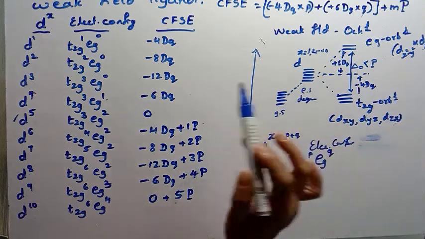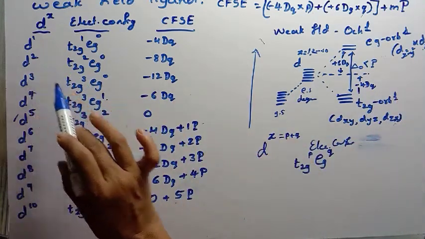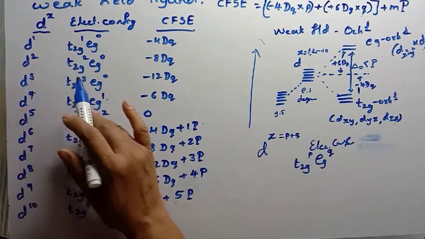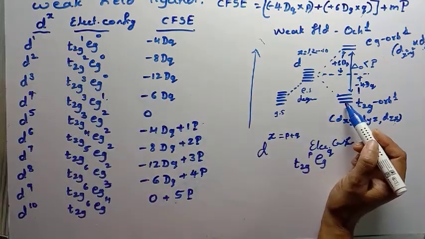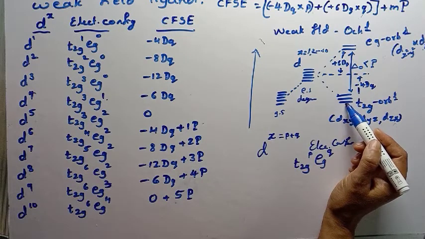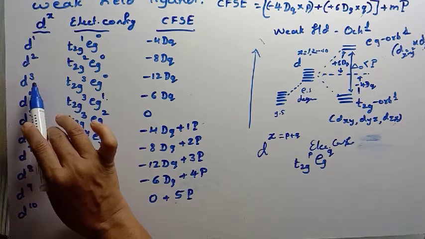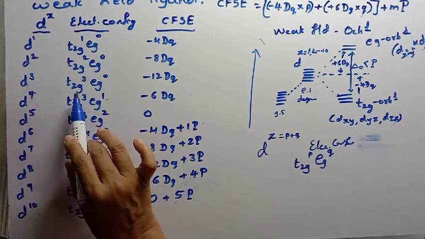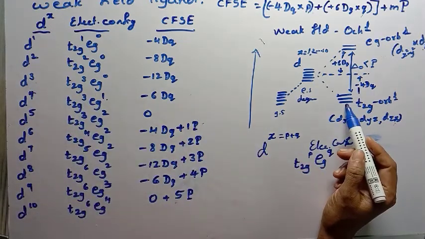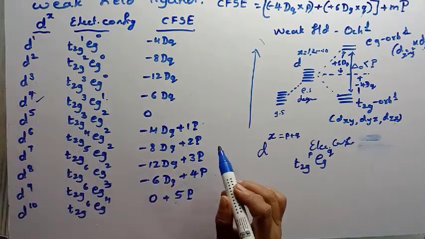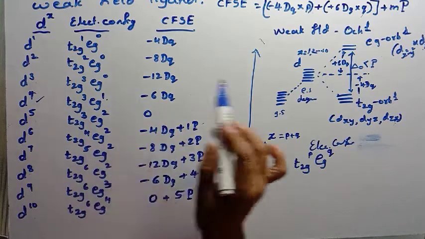The second electron, if the metal ion has 2 electrons in its valence shell, enters the lower energy according to Aufbau principle. And the third electron also enters the lower energy.